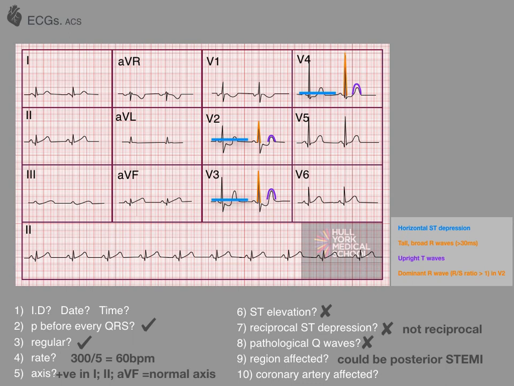So, what do we do next in this scenario? The usual 12 lead configuration doesn't look very well at the posterior wall of the heart. So if we see this configuration, we can think about doing a posterior ECG.